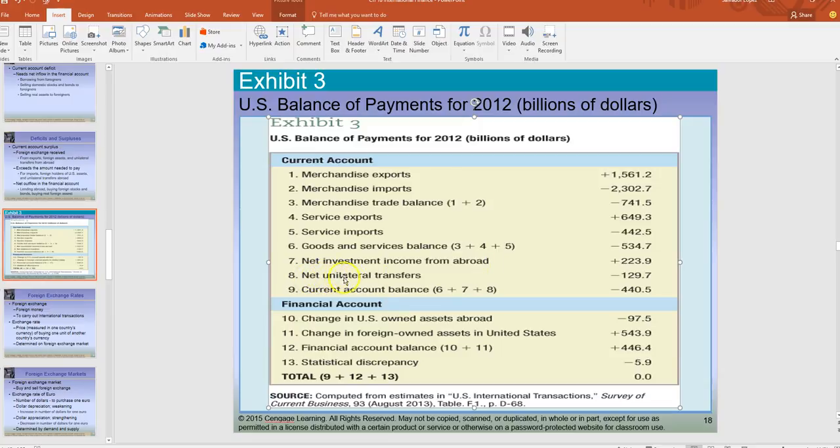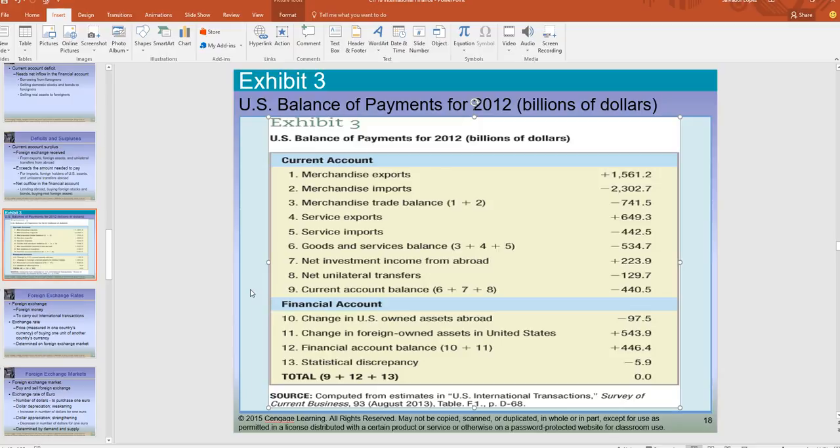Now, item number 8 is net unilateral transfers. Unilateral transfers is when the government or individuals in a country transfer money to other individuals, government, or firms. One of the most popular unilateral transfers is what is called remittances. This is when individuals transfer money from their accounts here, let's say in the United States, to their home countries.